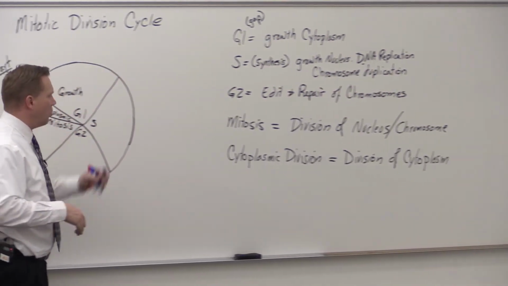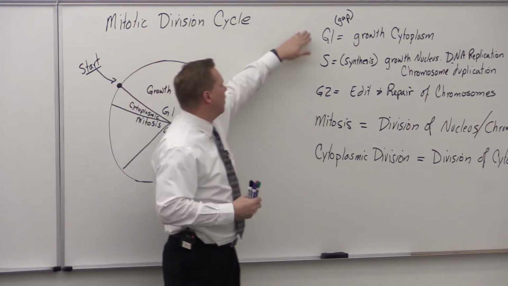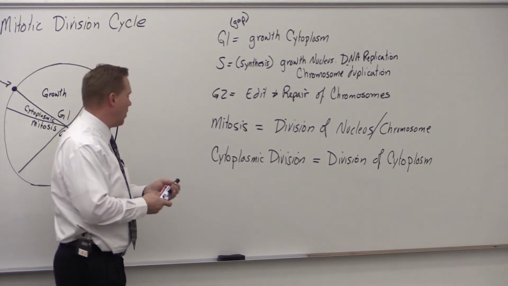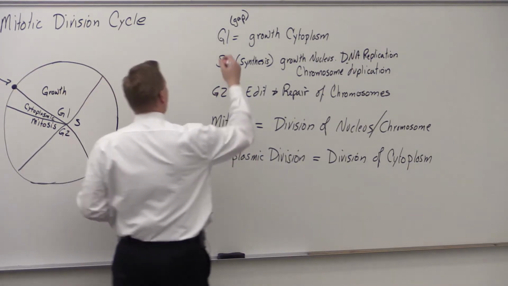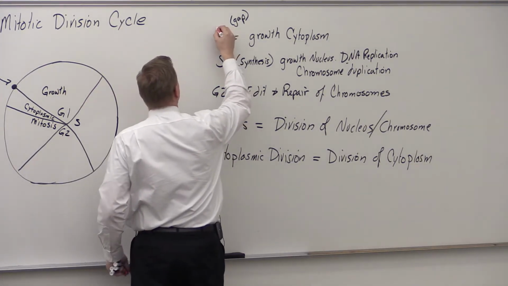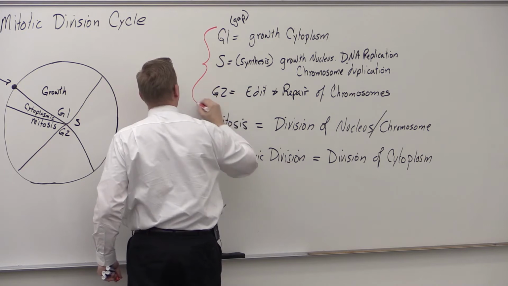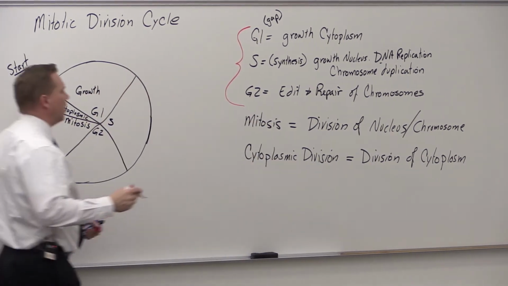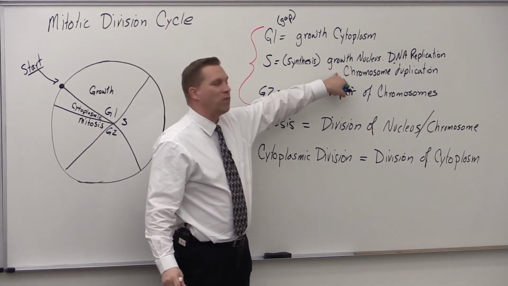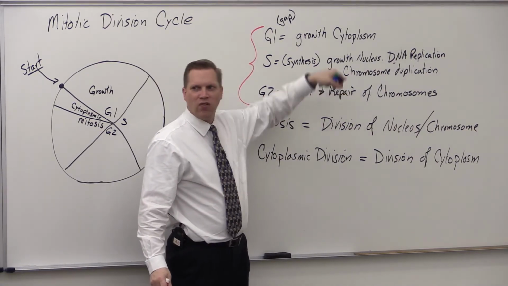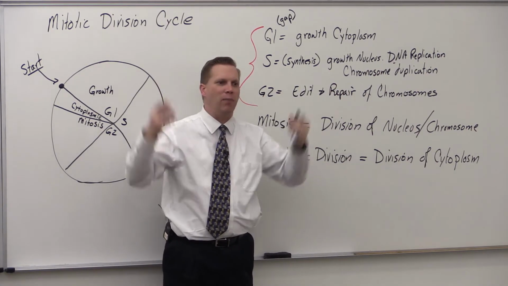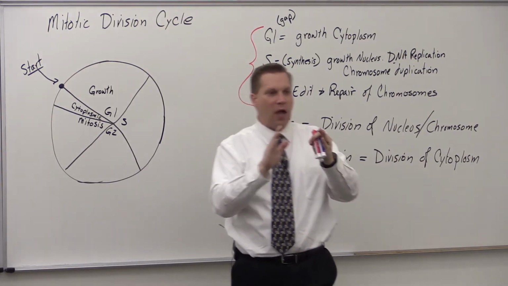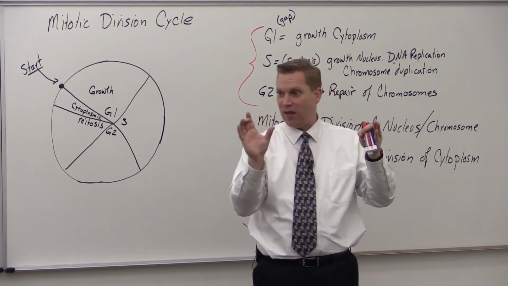Now, those are basically the 5 phases or steps that we have in the mitotic cell division cycle, but we do have a couple more terms to introduce. These first 3 phases right here, notice that these are all dealing with growth or duplication. So in these first 3 phases, we're growing or we're doubling. If you go back over, remember we went from a diploid cell and we were doubling it to that 4-end cell.